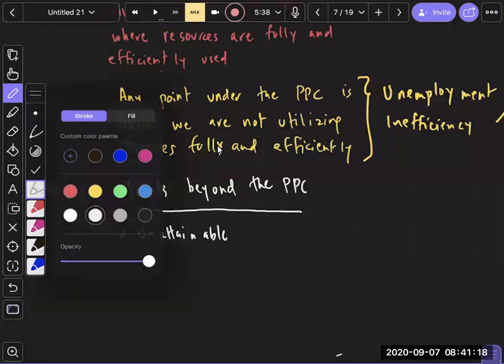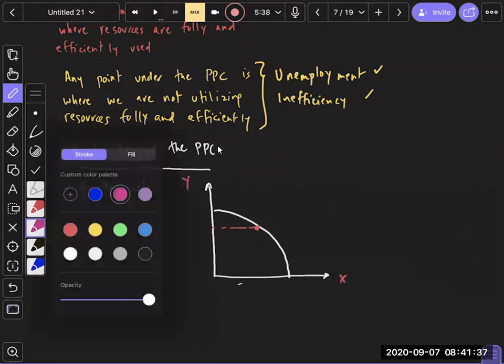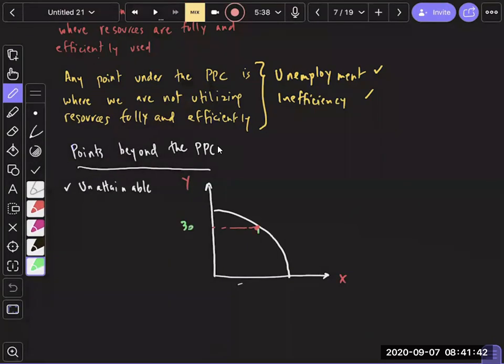Now, the reason why we call them unattainable is, if you look at the curve, at the PPC, right? Let's say this is good X and Y. So for example, if I am making 30 of this and I'm making 20 of X, then can I also, for every 20, get, let's say, 50?